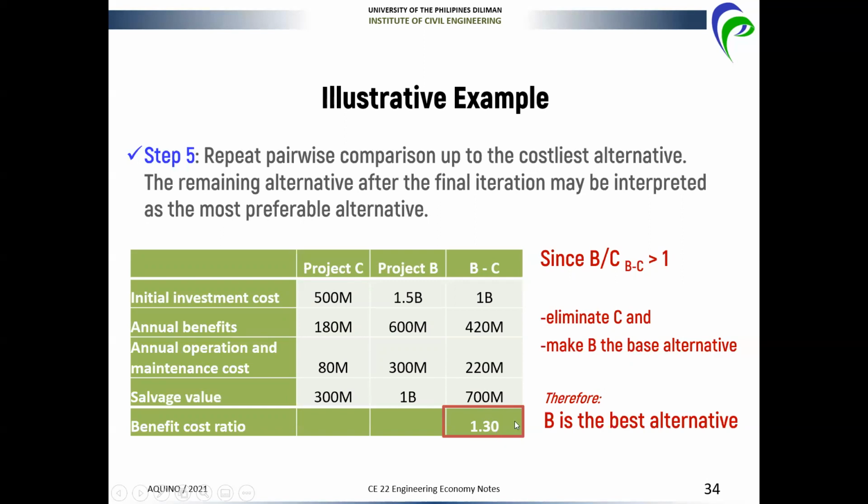And you'll see here that the benefit cost ratio of that incremental cash flow B minus C is 1.3. This means the additional spending for project B is justified. And therefore, we can eliminate C and make B our base alternative. Because we have no other projects to compare with B, we can say that project B is our best alternative.